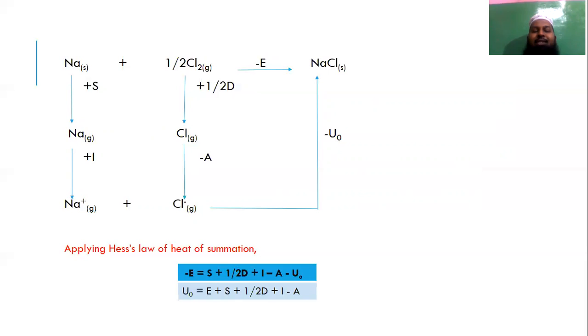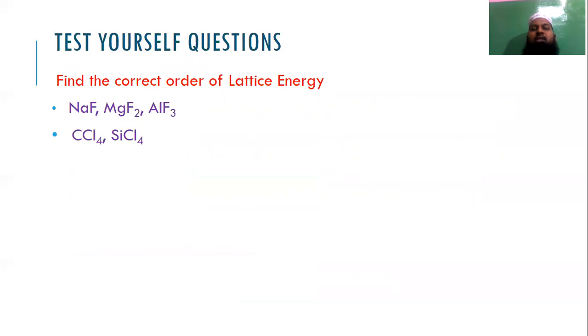Applying Hess's law of heat summation, we get the final equation: U0 = E + S + half D + I - A. U means lattice energy, E means heat of formation, S means sublimation energy, D dissociation energy, I ionization energy, A electron affinity.